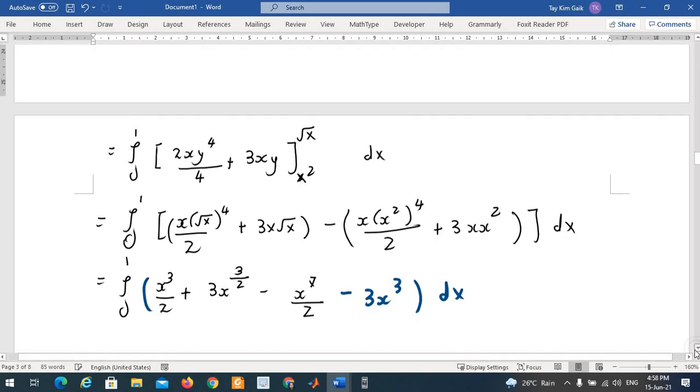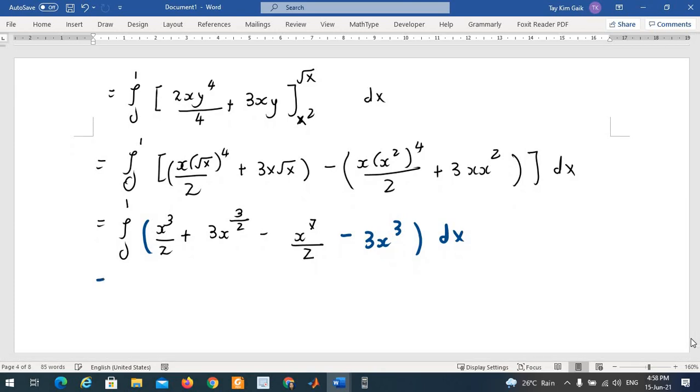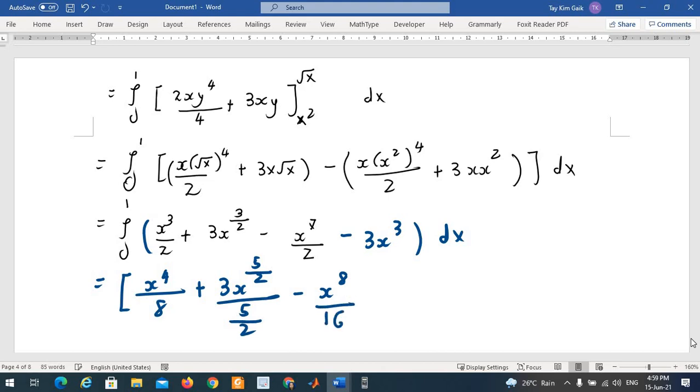And then lastly, integrate with respect to x. So we have x to the power 4, 4 times 2 is 8, plus 3x to the power 5 over 2 divided by 5 over 2, so minus x to the power 8, 8 times 2, 16, 3x to the power 4 divided by 4, evaluated from 0 to 1.